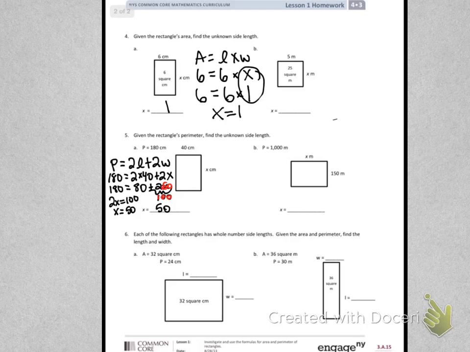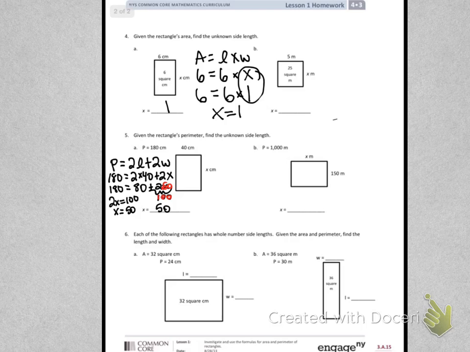Problem number 6. Each of the following rectangles has whole number side lengths. Given the area and perimeter, find the length and the width. Letter A. Area equals 32 square centimeters. Perimeter equals 24 centimeters. We do not know the length and we do not know the width. So I'm going to take a piece of information that I actually know.